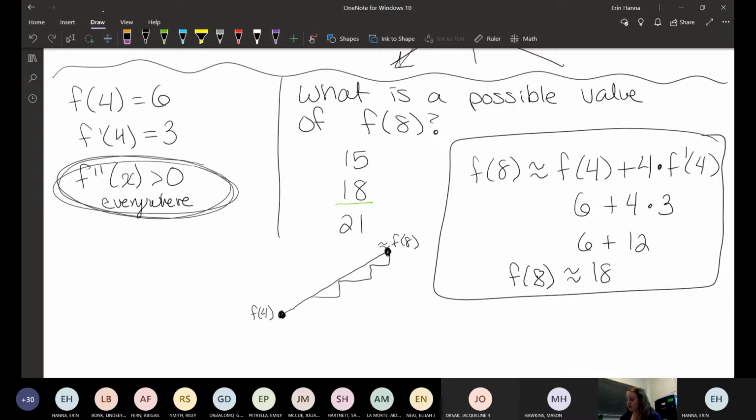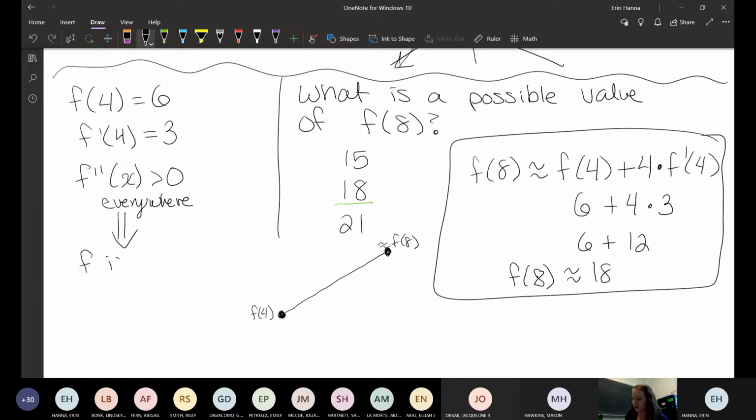But we're given that the second derivative is positive everywhere. If the second derivative is positive, that means f is concave up.